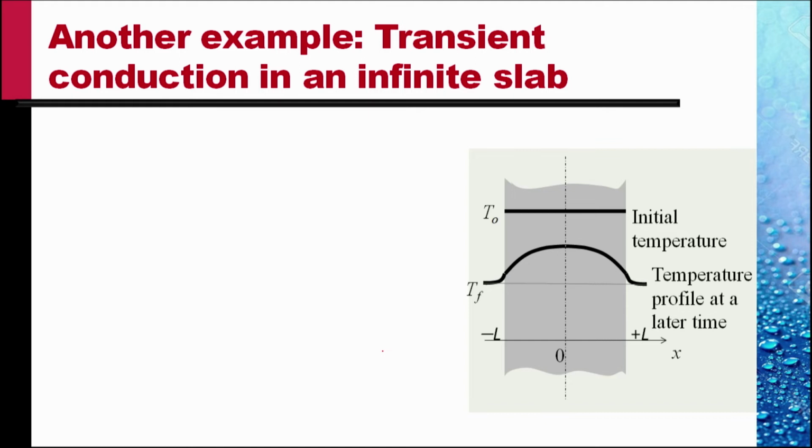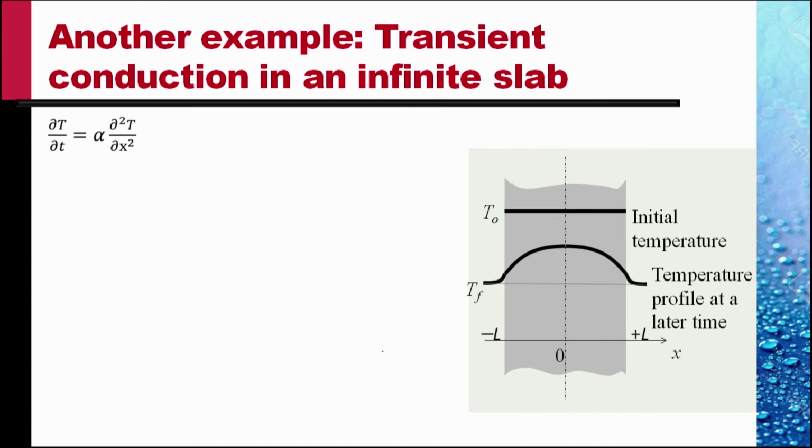To predict the value of temperature at any x at any time t, we write the governing equation. The governing equation is rather simple: del T by del t is equal to alpha del square T by del x square, where alpha is the thermal diffusivity, k by rho Cp, a property of the slab material.